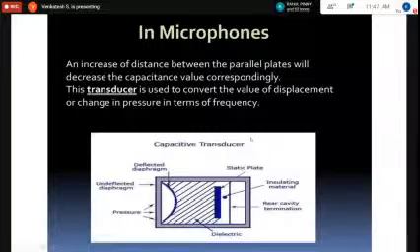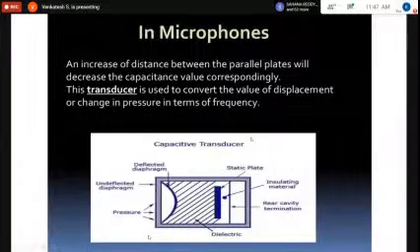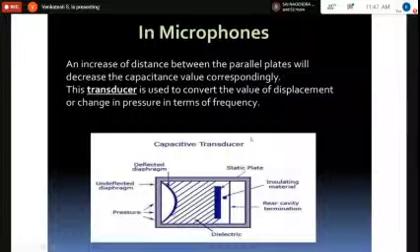It is a flexible, elastic, disc-like plastic material with good elasticity and sensitivity. As I shout at this transducer microphone, what happens? This buckles in. There is a fixed plate here.